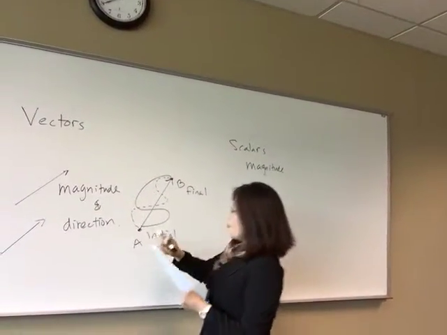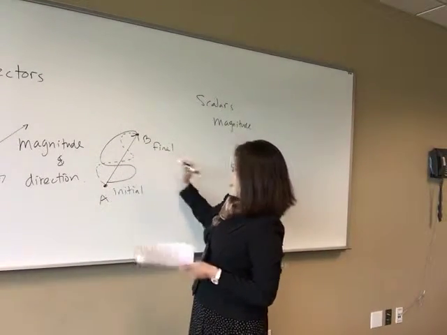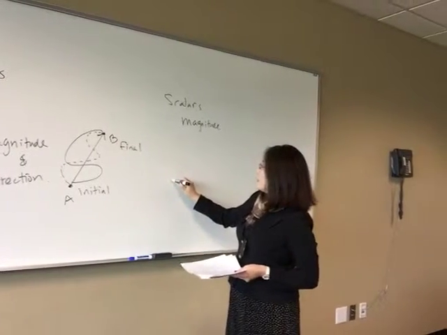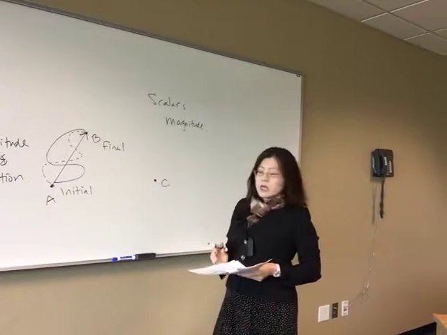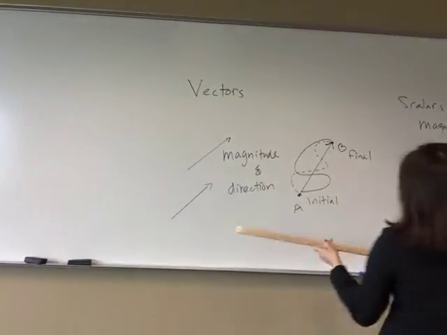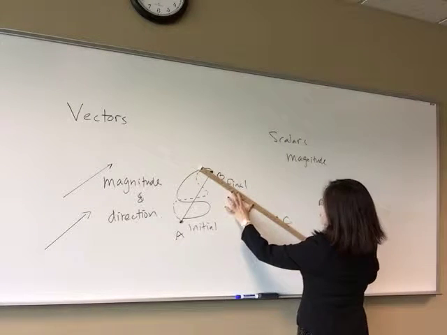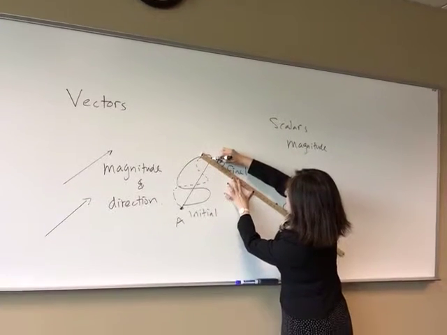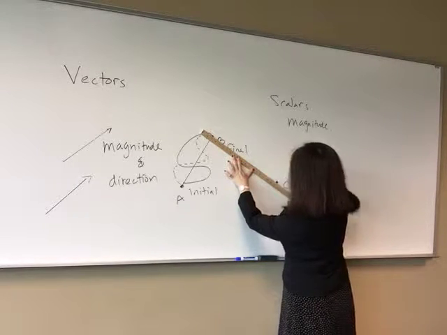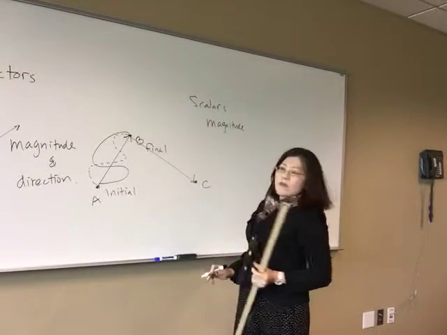Now let's say you want to find A plus B. So you have the vector A, and then let's say this person walked from point B to another point, let's say point C. So you are going to draw from A to B and then B to C. So the initial point is this point and then directly to point C. Okay, so this is another vector.